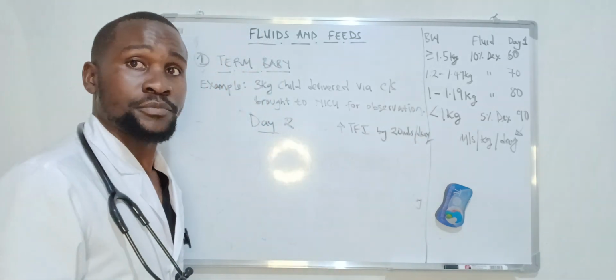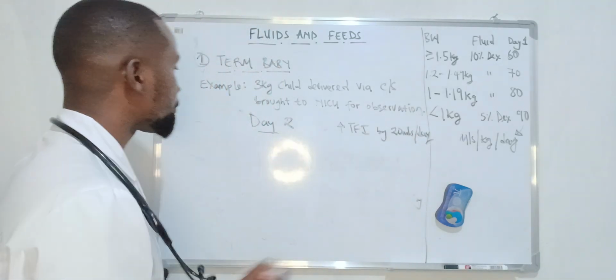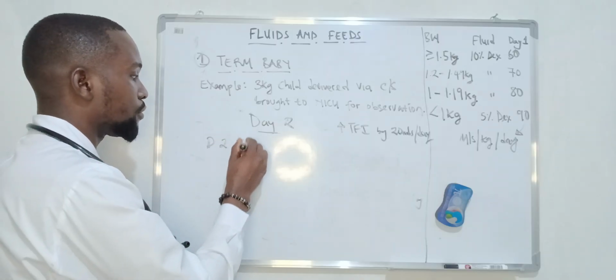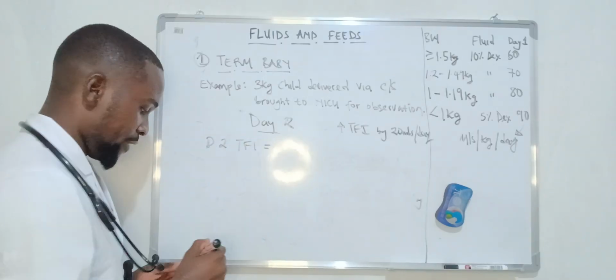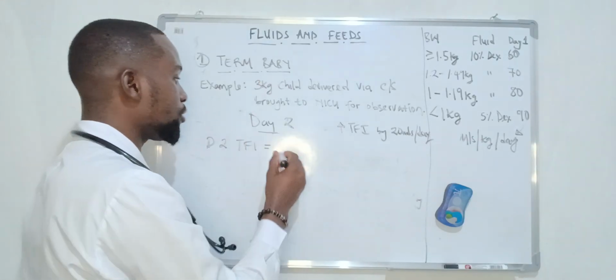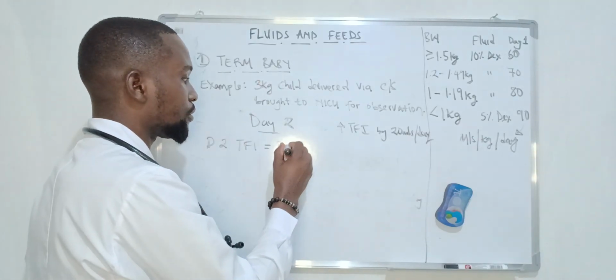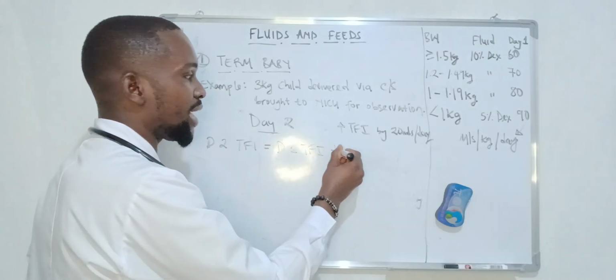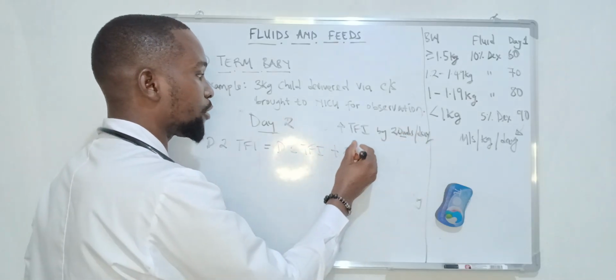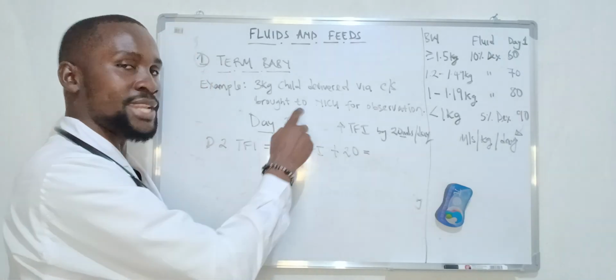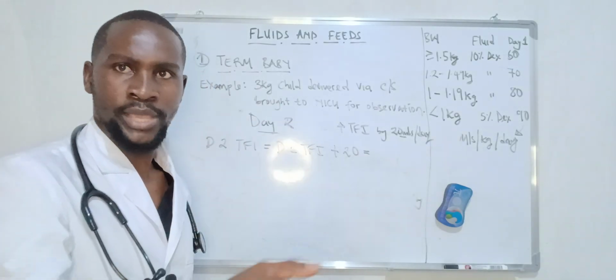Which means that our day 2 TFI, our day 2 total fluid intake, is going to be our day 1 TFI plus 20, because we're increasing by 20 mils, isn't it? And our day 1 TFI was how much? We started the child at 60 mils per kg per day, isn't it?